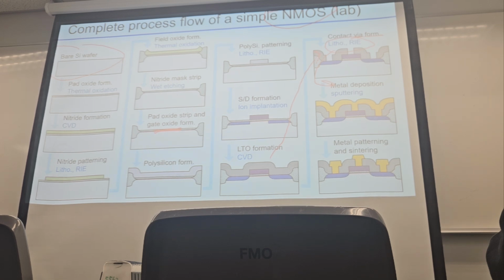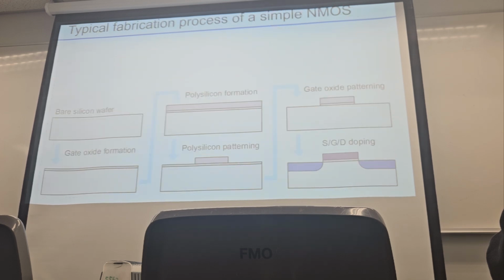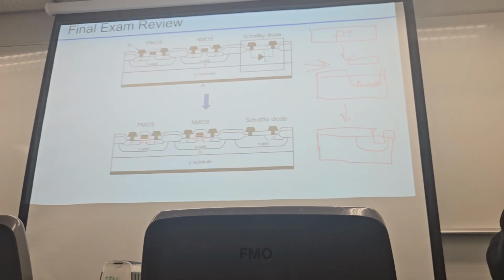N-well building similar to the NMOS, right? So we can create the N-well. And also for the N-plus, we also can do that step with the NMOS, okay, with the NMOS.